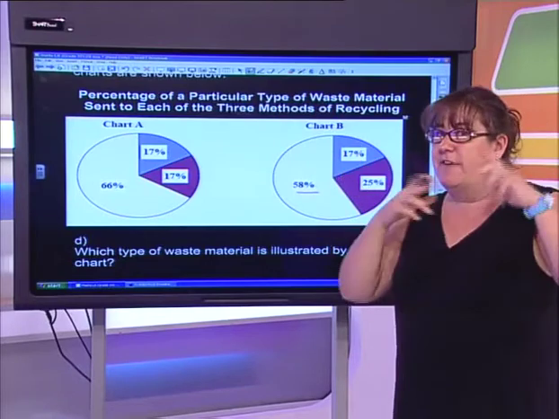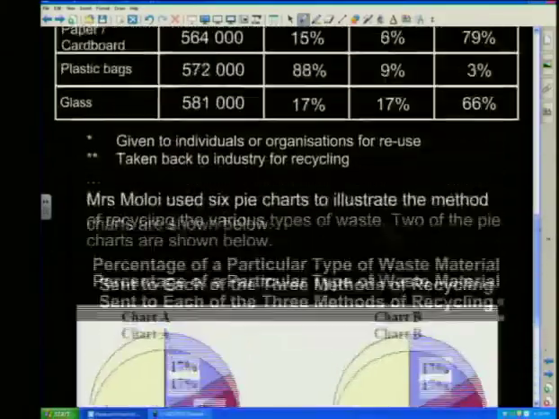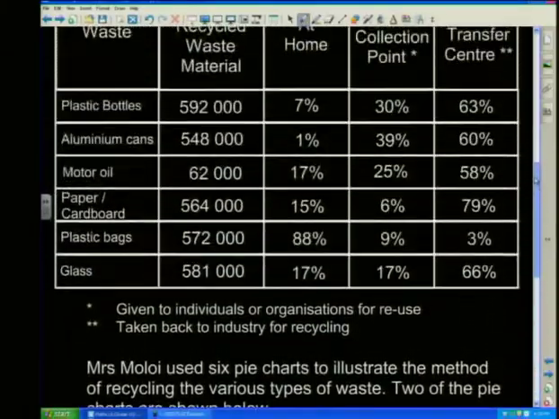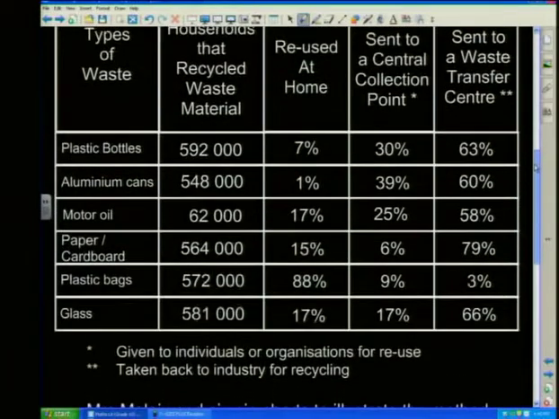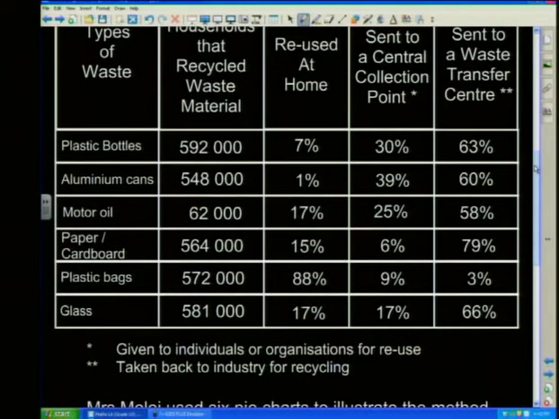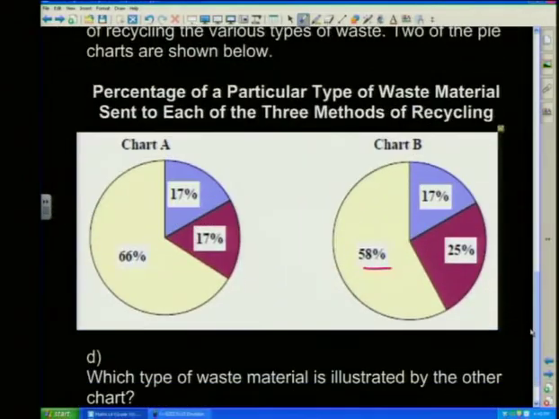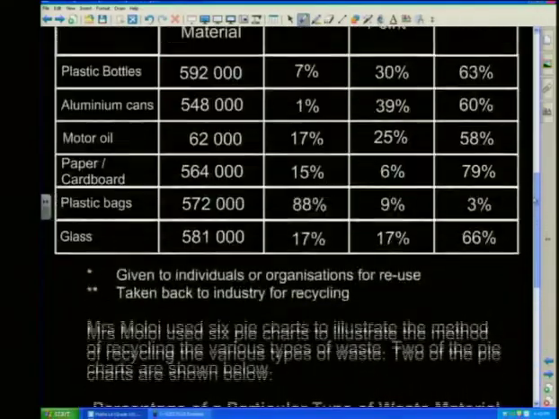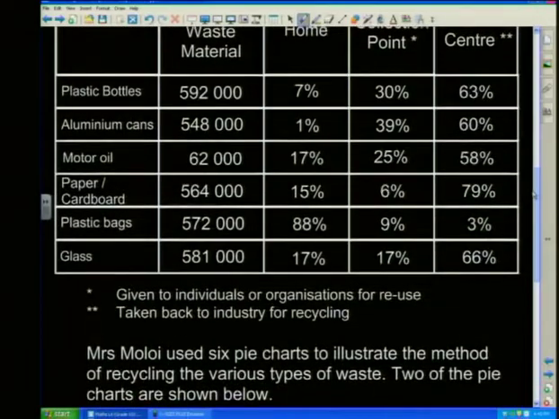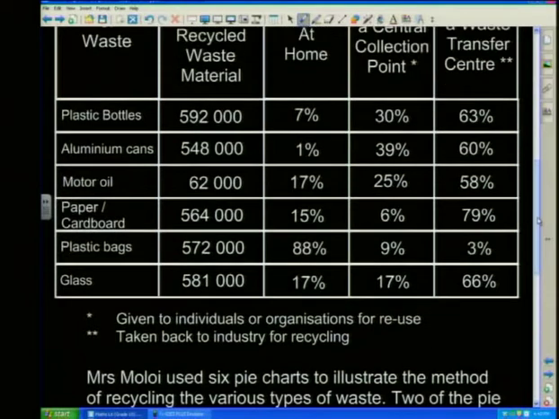So let's try find that first. So we're looking for 58% reused at home. Okay, it's not there. Maybe they've changed the colors. Was 66% for glass reused at home? No, it wasn't reused at home. I'm getting confused here. There's the 66% for the glass.